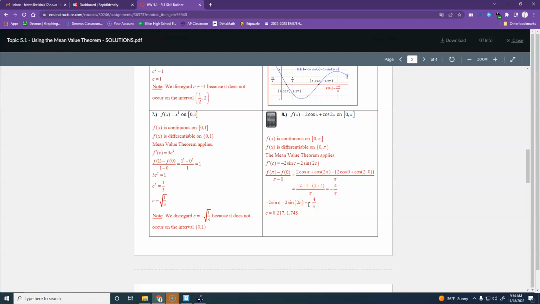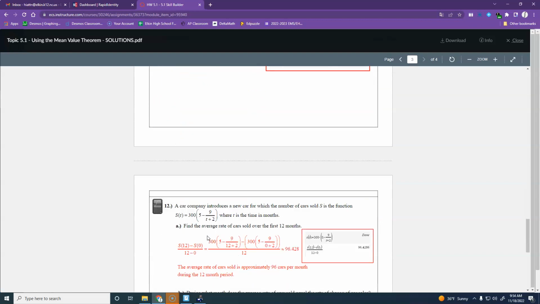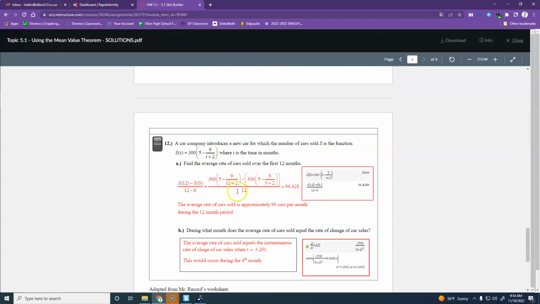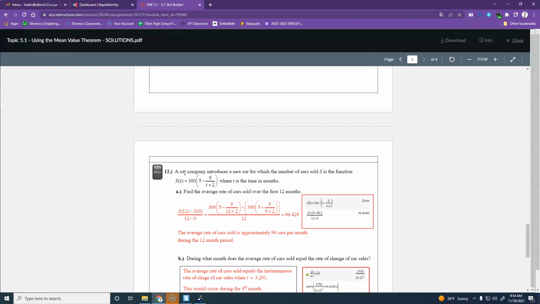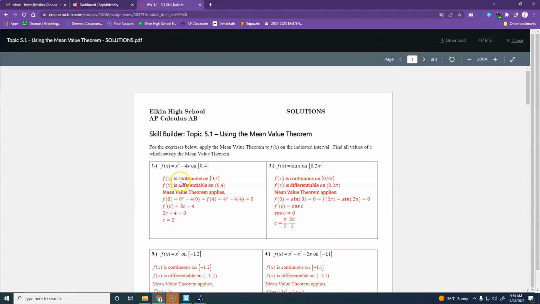I would do like we did on that other problem and graph it for that. 11 is also calculator active, and 12. And the key is posted for this, so feel free to use that to help you there. He does a really good job of explaining things if you have any questions on it.